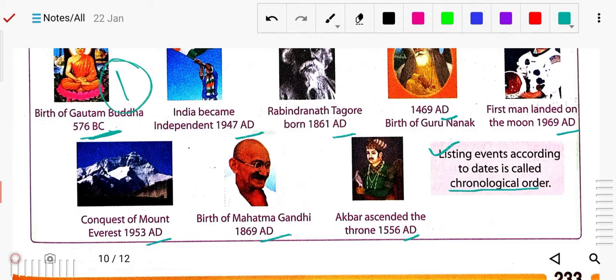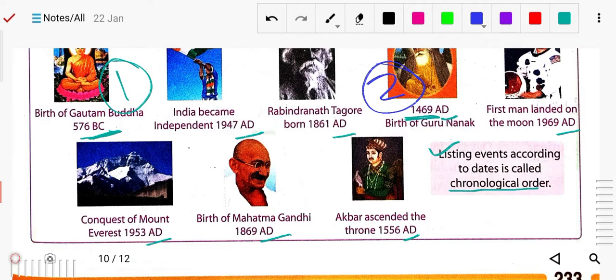Got it? Next, among the AD years, which is the earliest? Here you can see 1940, here is 1469, and the rest are 15 and 18. So this will be number 2. Number 3, check which one comes number 3. You can see 15, yes, this one is number 3.